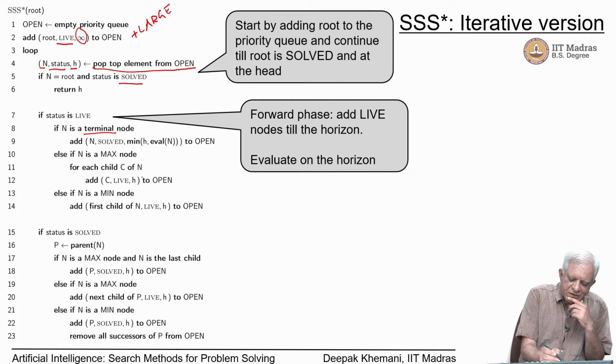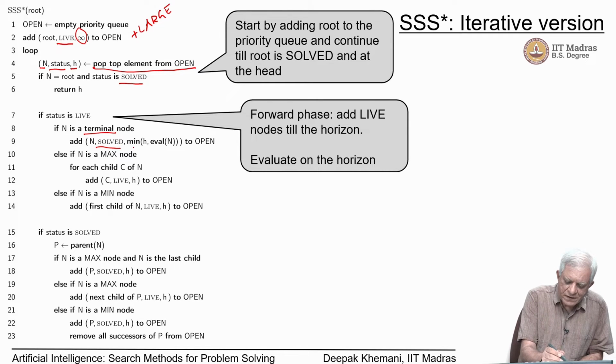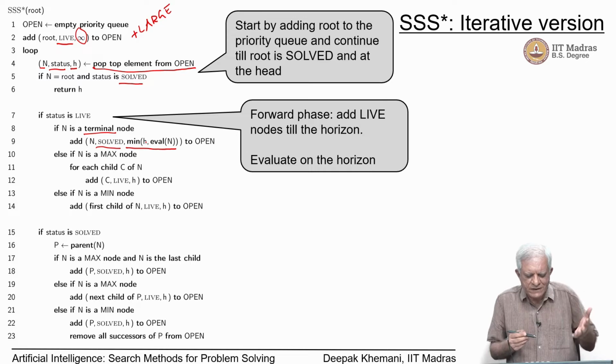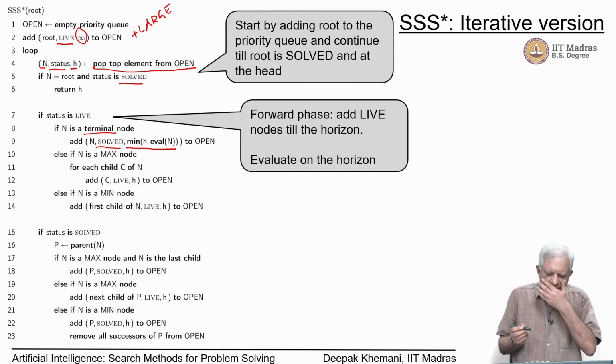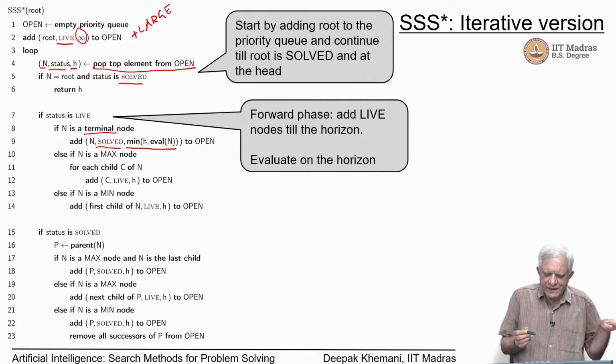If it is a terminal node, then make it solved, because we are not going to look beyond the horizon, and its value will become the lower of the value that we pass to it and the evaluation function. So remember that the value we are passing to it is infinity, and therefore obviously its value will now come down to the value returned by the evaluation function. So in this way we reach the terminal nodes.